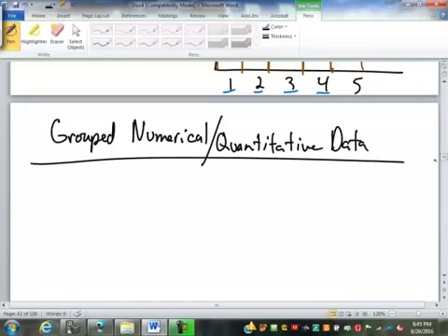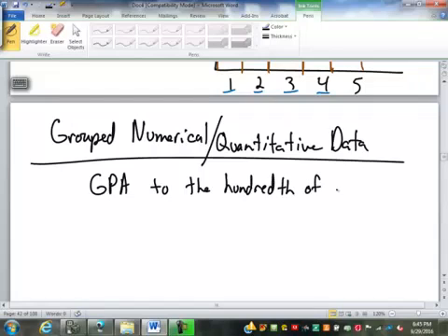For example, the hairs on your head example is a little outrageous, but what if I wanted to do your GPA? Well, if we're calculating the GPA down to the nearest 100th of a point, obviously we go from 0 up to 4.00, but that's 0.01, 0.02.